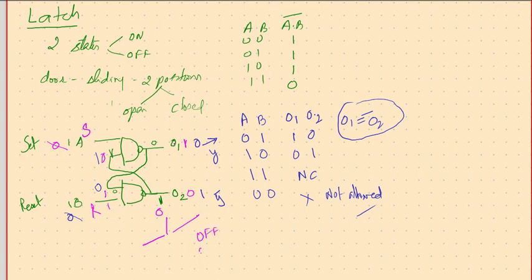If it is down, it is called on. And if the switch is off, it will remain off till somebody makes it on. And if the switch is on, it will remain on till somebody makes it off. So this type of thing has two states, and both states are stable. That means they are going to remain in that state till an external disturbance is there. So this type of thing we call a bistable system.